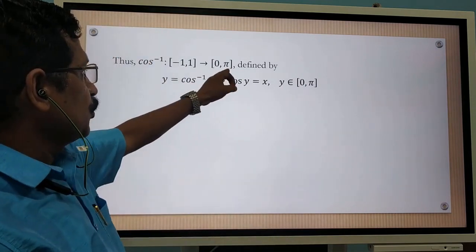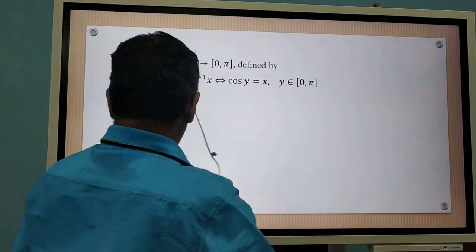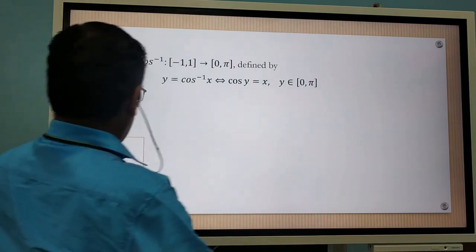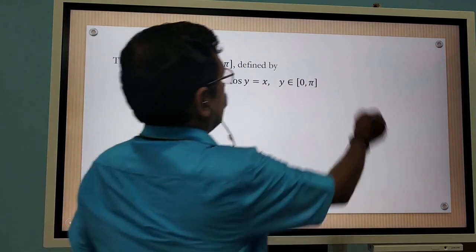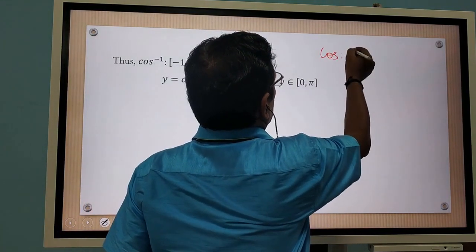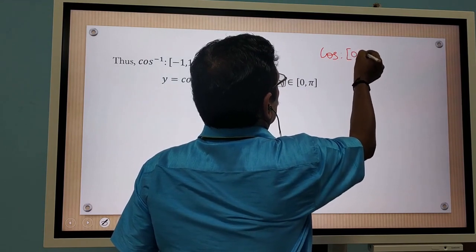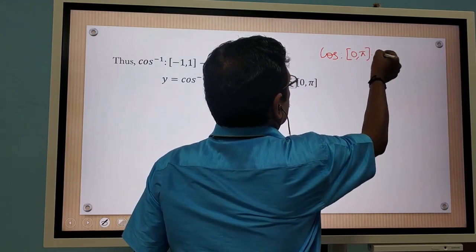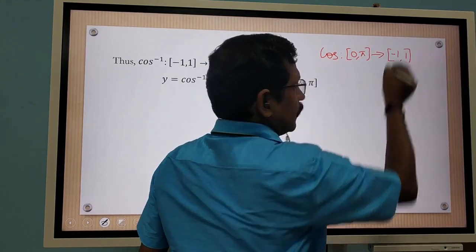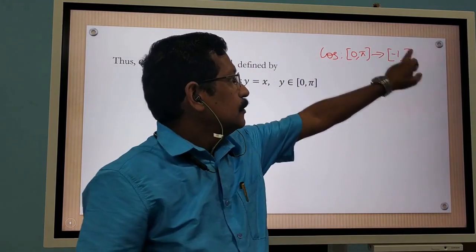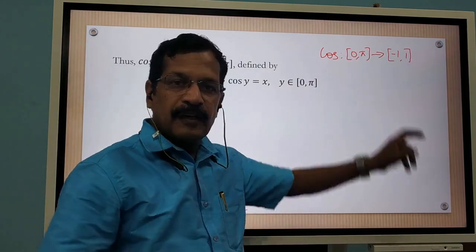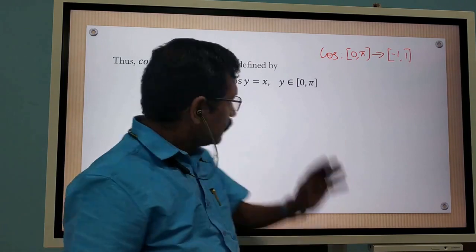Actually, cos is from 0 to pi to minus 1 to plus 1. The cosine function is defined from 0 to pi to minus 1 to plus 1. So what will be cos inverse? Here the range becomes the domain of the inverse and the domain becomes the range of the inverse.